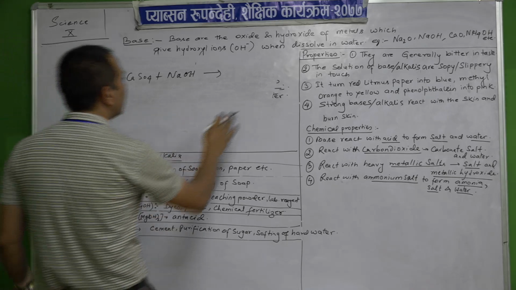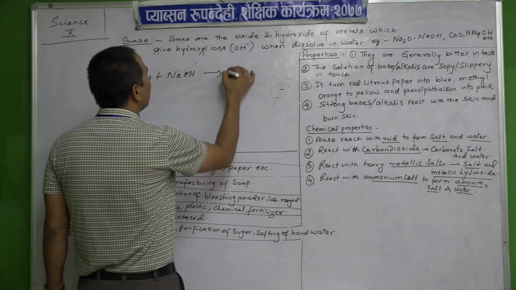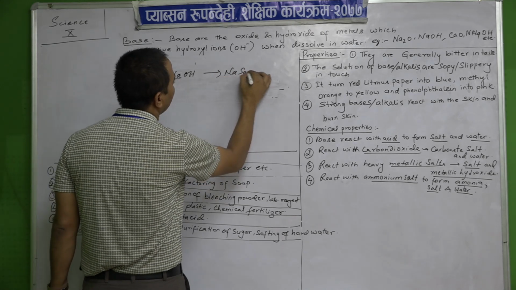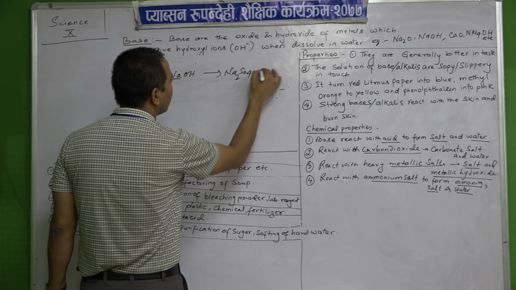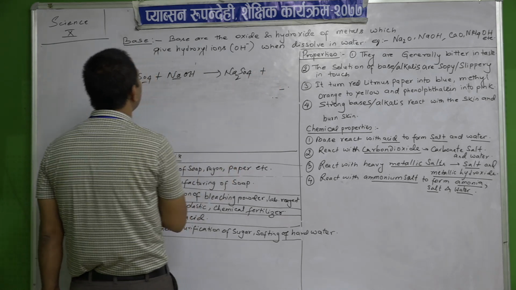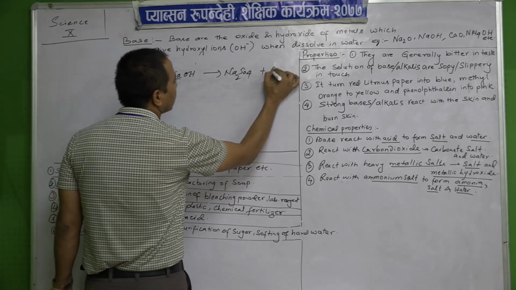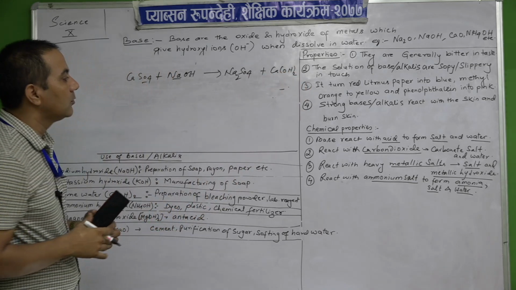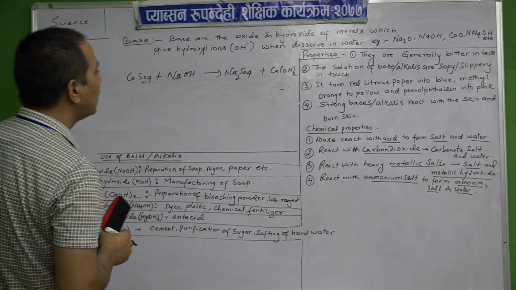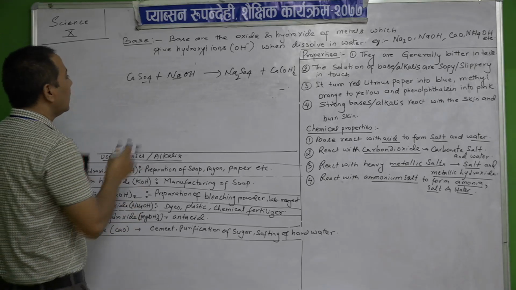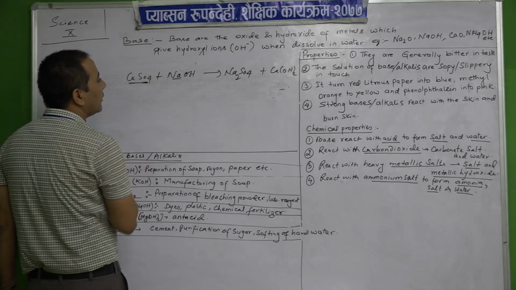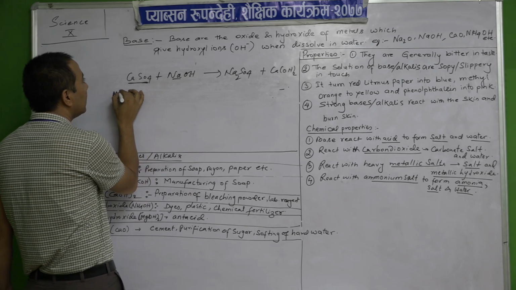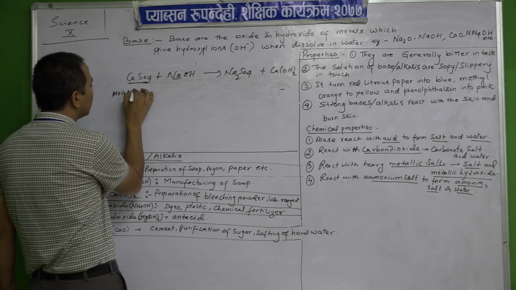It forms sodium sulfate, Na2SO4, plus calcium hydroxide. So, calcium sulfate means a metallic salt.